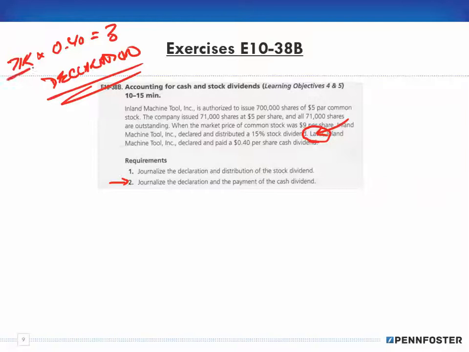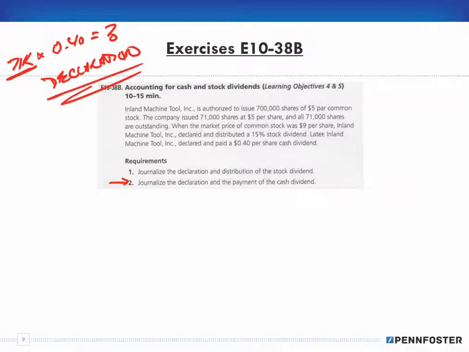You don't have 71,000 shares. Yes, it says issued and outstanding 71,000 shares, but notice that this is about reading. This is not about financial accounting or working through the problem. It's about, can you read a problem?